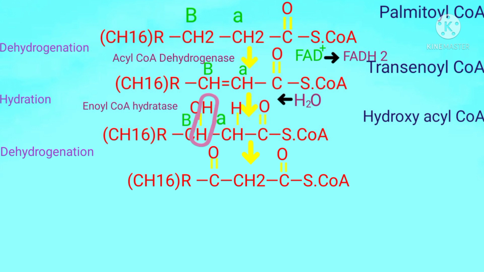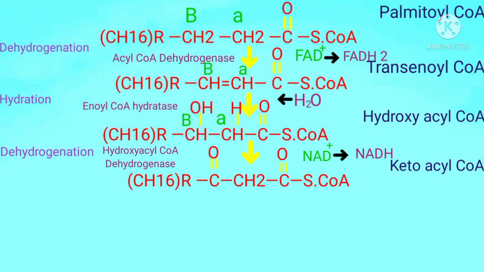The hydrogen that is separated is accepted by NAD+, which is reduced to NADH, and this reaction is catalyzed by the enzyme hydroxyacyl CoA dehydrogenase, and the compound obtained is known as ketoacyl CoA. The ketoacyl CoA is a much more symmetrical and balanced molecule which can be degraded into two molecules. So the last reaction is the cleavage reaction, catalyzed by thiolase.